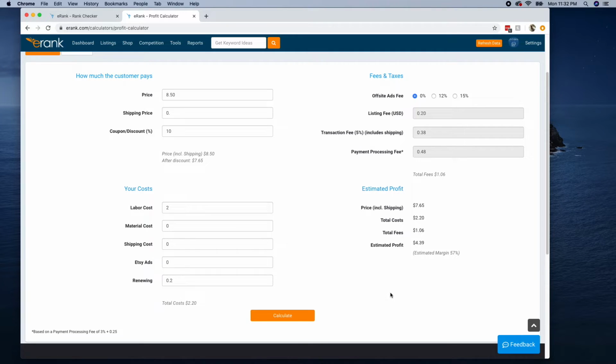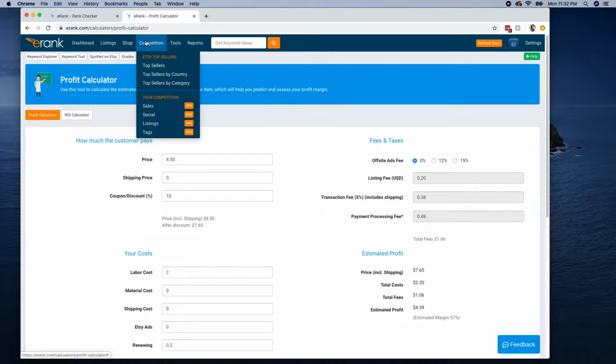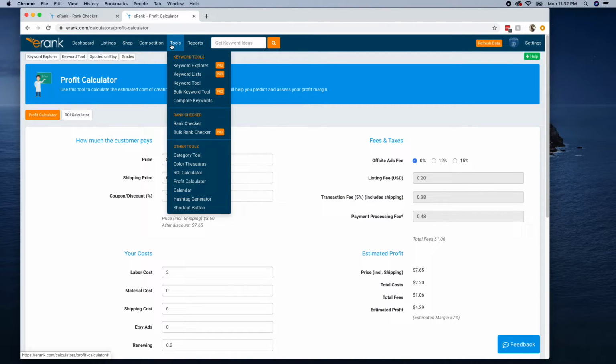So this would be zero on future purchases, which would give you another $2.20 back to your margin. So for the first sale of a digital product, you would get an estimated profit of $4.39 for an estimated margin of 57%.